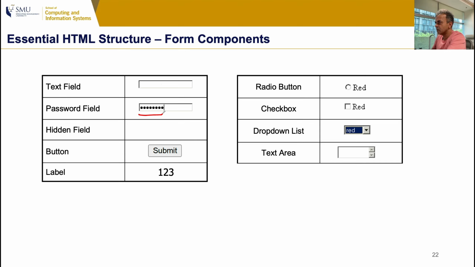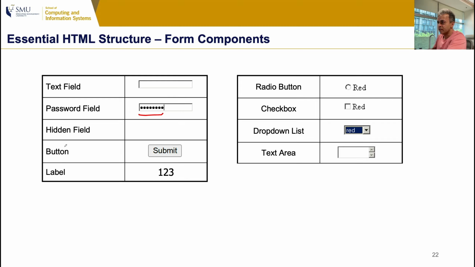Password field is identical to a text field. It's just that when you type in something, it will not be visible. Hidden field is a field which has a name and a value, which will send some information to the backend, but it will not show anything on the browser. You might wonder why we have that. I think in week 4 or week 5, I'll give you a use case where it's extremely useful.